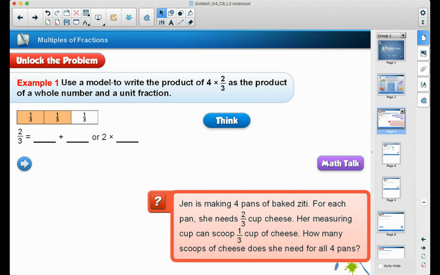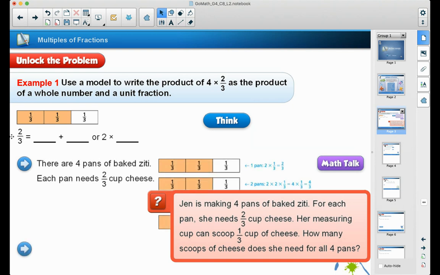Example 1. Use a model to write the product of 4 times 2/3. She's making 4 pans, and she needs 2/3 of a cup of cheese for each pan. Let's write it as the product of a whole number and a unit fraction. So what do we know here?